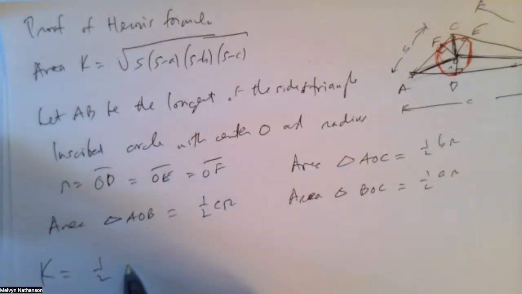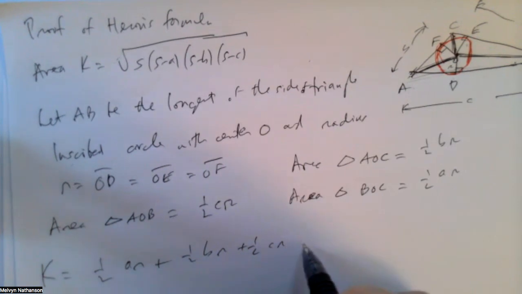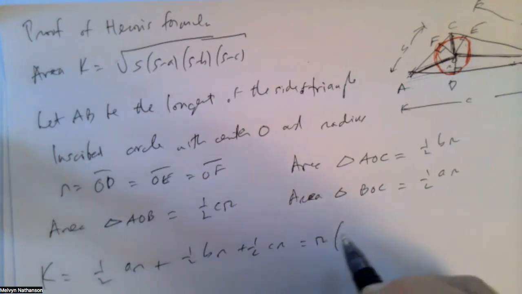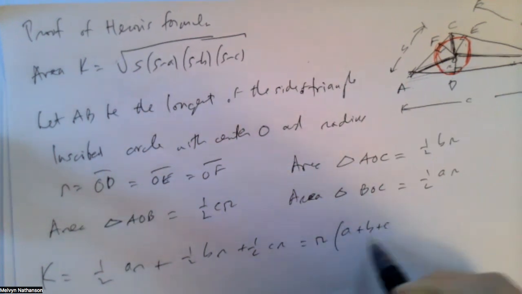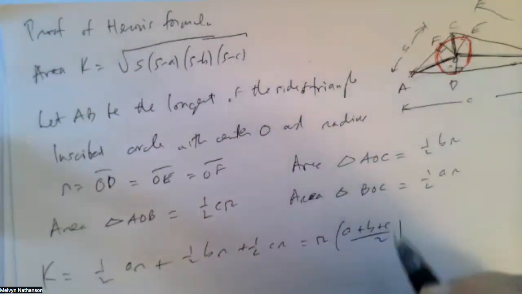That's 1/2 AR plus 1/2 BR plus 1/2 CR. That's equal to, I can factor out the R, R times (A plus B plus C) over 2. A plus B plus C is the perimeter.